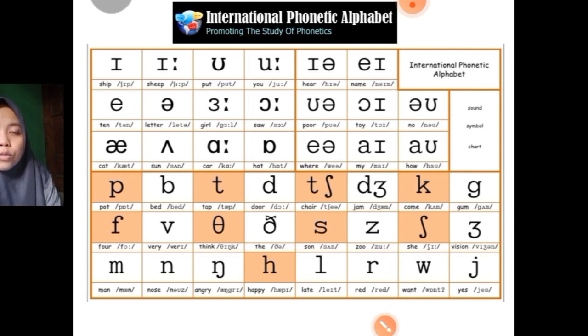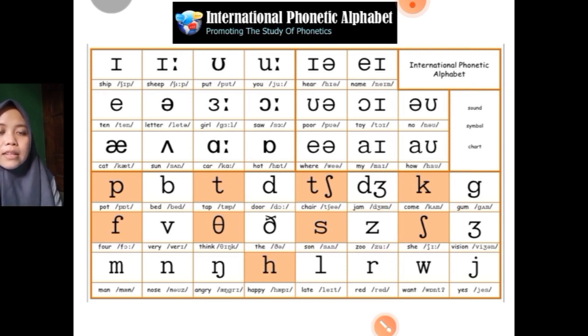And then the long u, and the word for it is you. And then is e, and the word for e is ten. And then is schwa, and the word for it is letter.